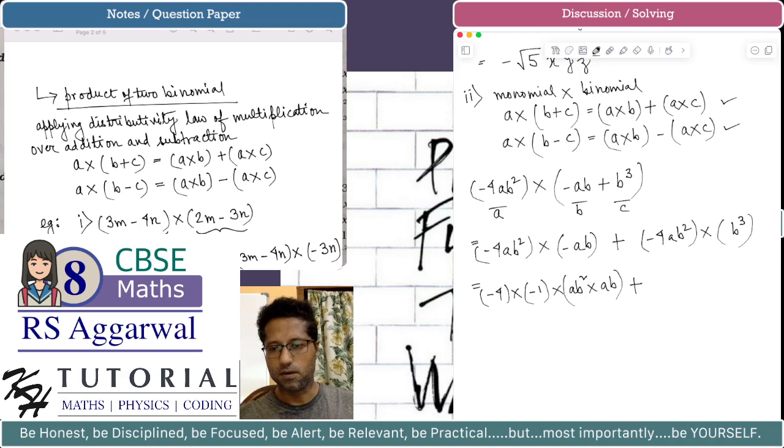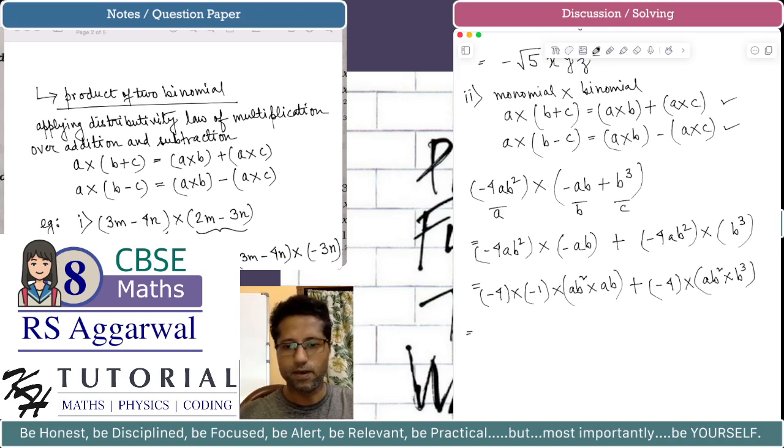Now the product of the second two monomials will become minus 4, and the numerical coefficient of the monomial b cube is 1, so it is not necessary to multiply 1 with minus 4. Now the product of literal coefficients of the two monomials is ab square multiplied by b cube.